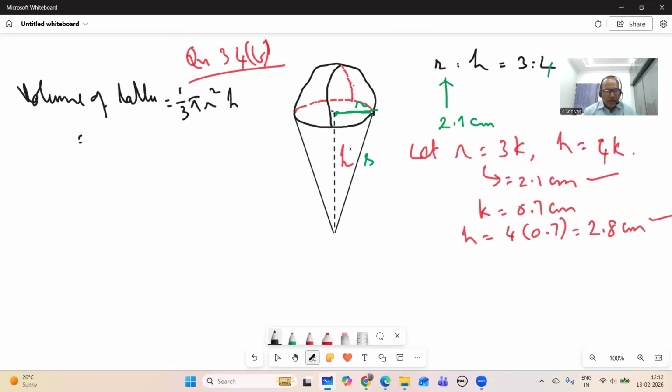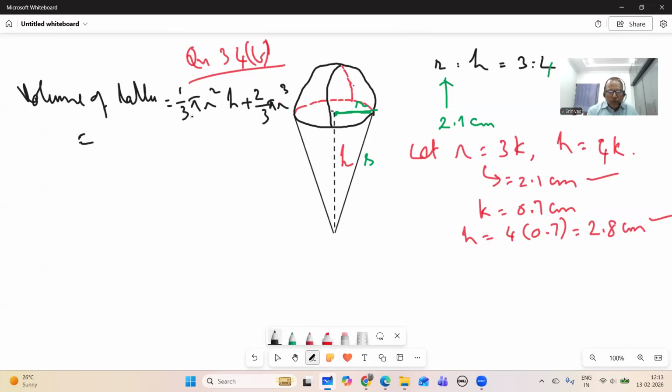Right? Volume of cone is 1/3 pi r square h plus volume of hemisphere. For a full sphere, volume is 4/3 pi r cube. For one half of that it is 2/3 pi r cube. Okay, and volume of cone is 1/3 pi r square h plus volume of hemisphere is 2/3 pi r cube.